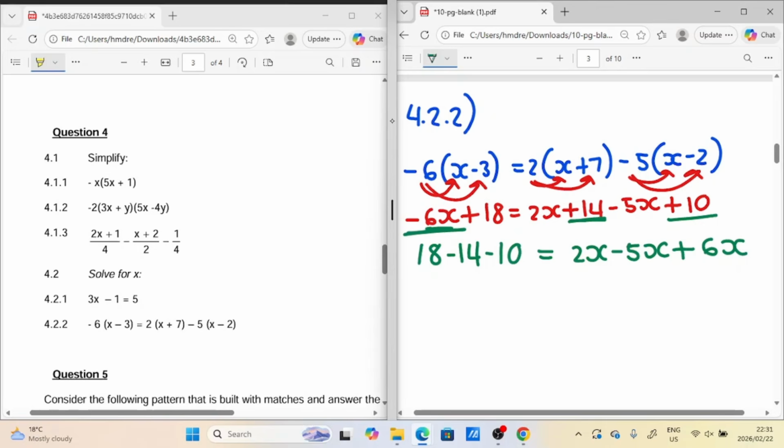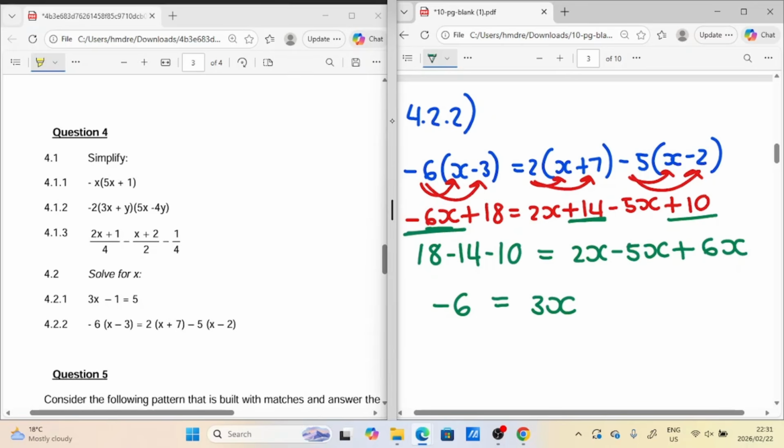I'm just trying to get numbers on one side, x's on the other side. So 18 take away 14 is 4. 4 take away 10 is negative 6. And here 2x take away 5x is negative 3x. Add 6x is just positive 3x.